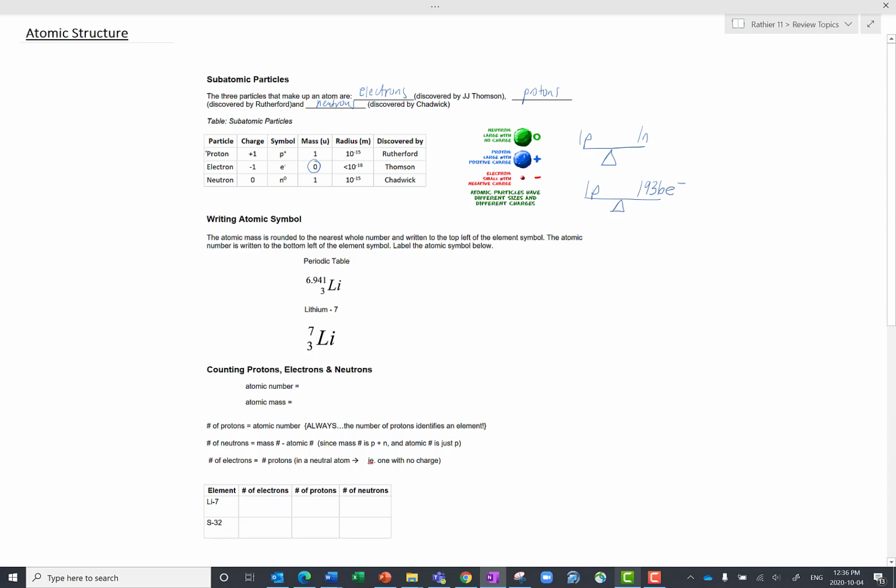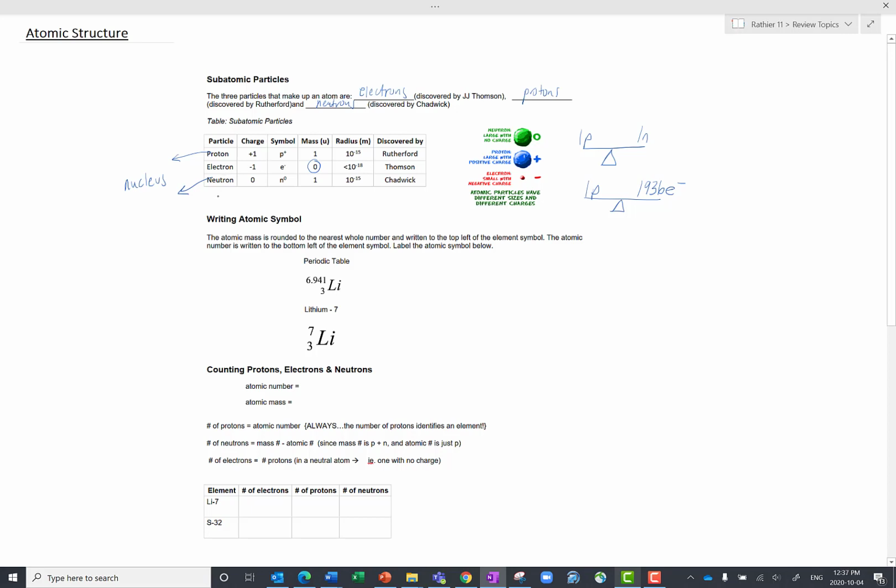The other piece here that we need to remember is that the protons and the neutrons are in our nucleus, in the center of the atom, and the electrons are located in the electron cloud outside of the nucleus.